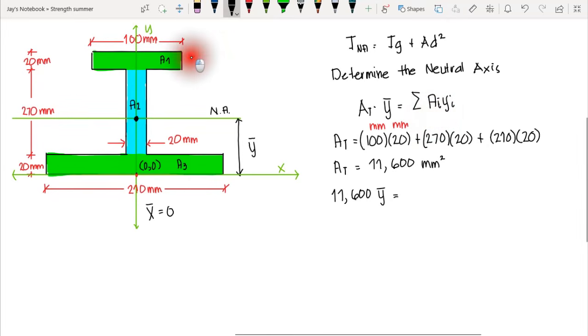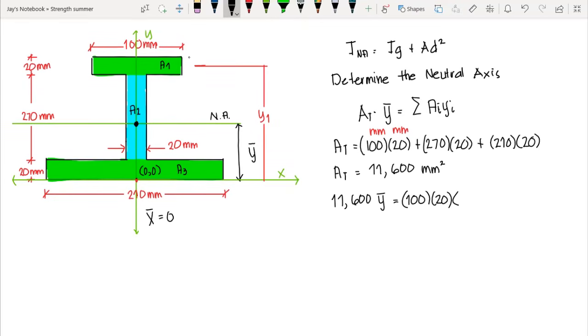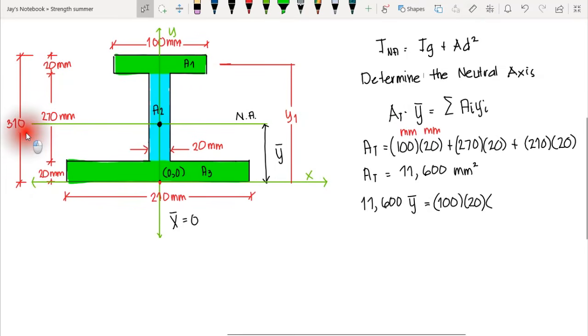That is, let's say we have 100 times 20, that's the area 1, times the centroid. Now let's say that's y1, the centroid of our area 1. Since the total length from the top surface to the bottom surface is 270 plus 20 plus 20, that gives us 310, correct? This one, that's 310.